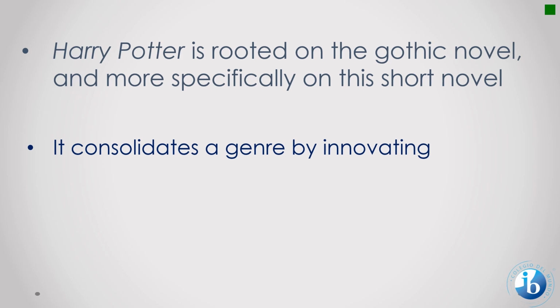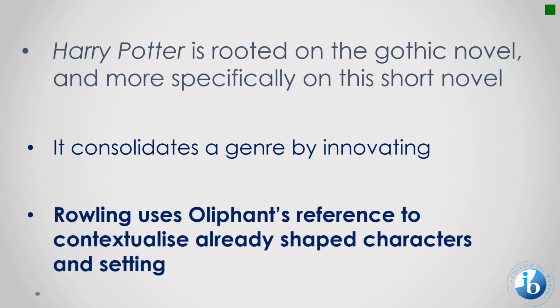So, Rowling thus used Oliphant's reference to contextualize already shaped characters. So, the characters, which are the cause of her success, are her idea, but this specific novel plot is being influenced by Oliphant.